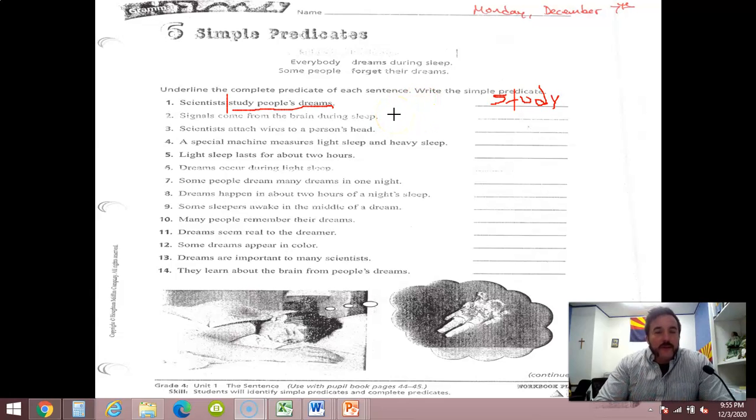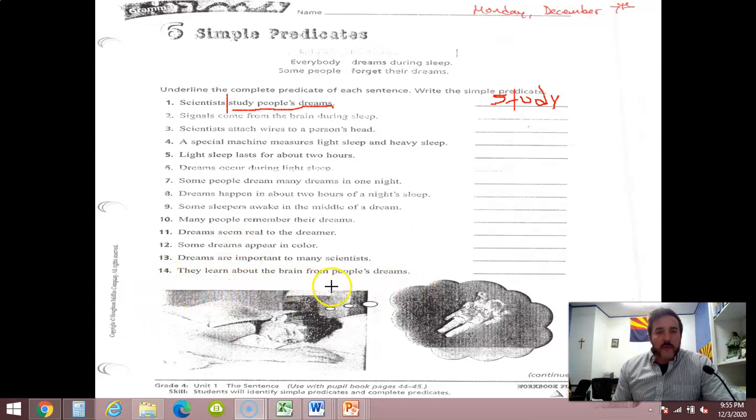Now, you're going to find out that the word directly after that little line break, after the subject, is generally the simple predicate. It is not always the case, but generally when you first learn about simple predicates, it is. Just so we have room here with my big pencil, let's go all the way to 14.